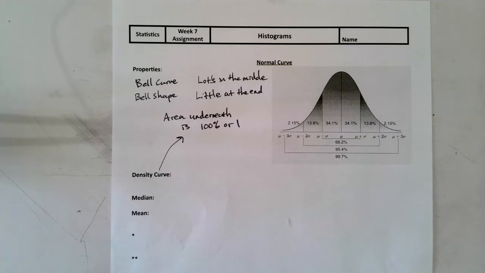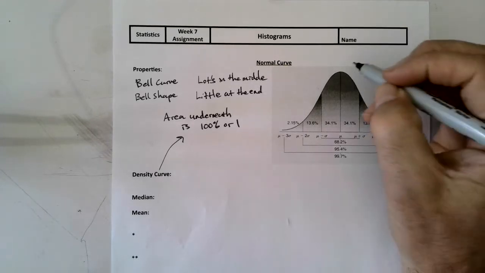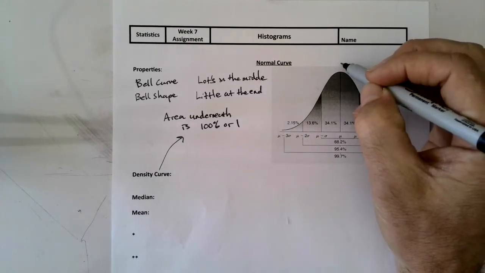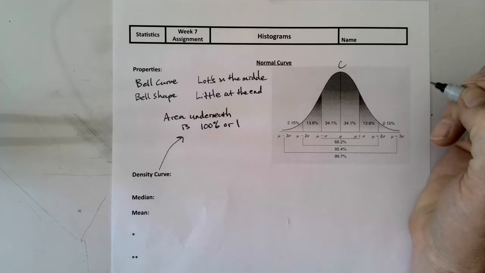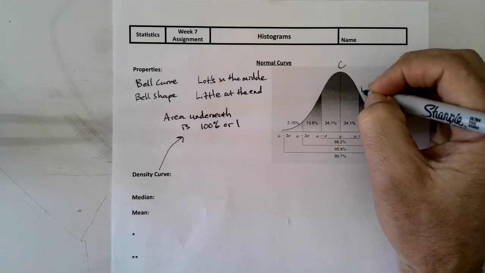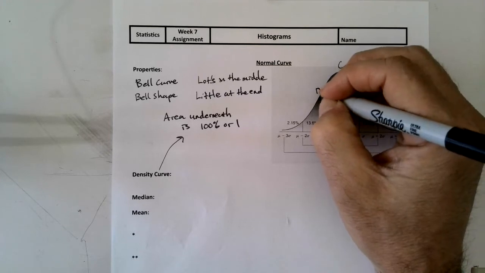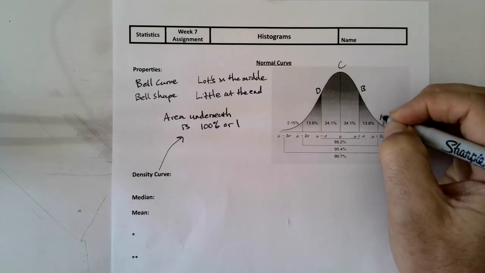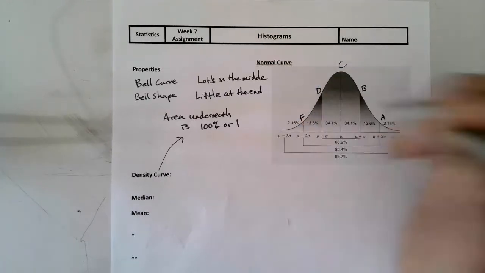Now, I want to be clear about how we talk about a bell curve. Sometimes you hear the idea that teachers curve their tests. Well, if that was really true, what that would mean is that the majority of people would get C's, and then some of the people would get B's and D's, and then very few people would get A's and F's.